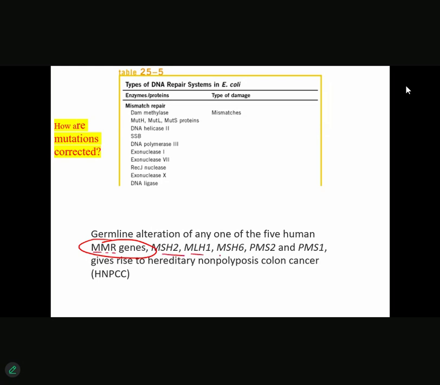And these are the gene names. If those genes are defective, we've lost our defense against mutations. And mutations are going to start to be much more frequent. And if you have more frequent mutations, your risk of cancer is much, much higher. So if you have a patient who has a gene defect in one of these genes, they are now vulnerable to developing cancer later in life.